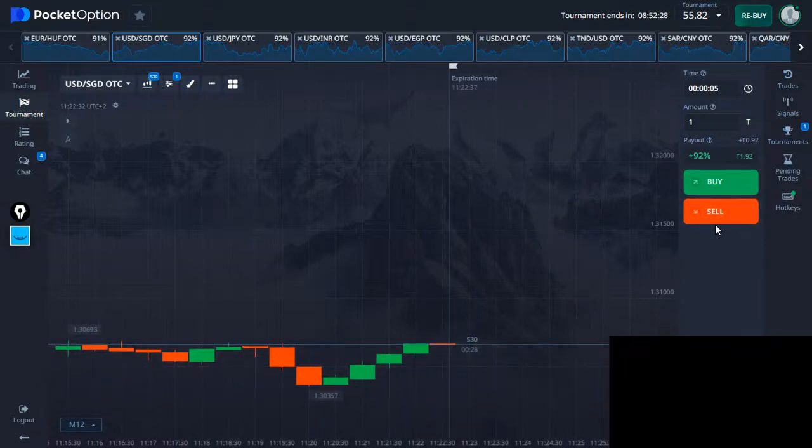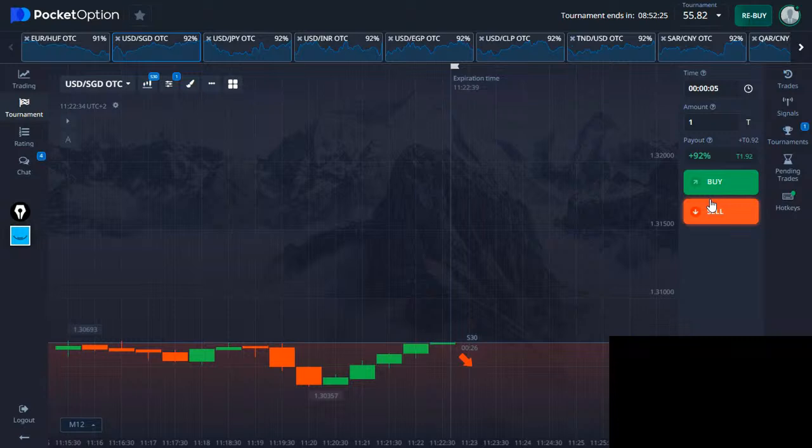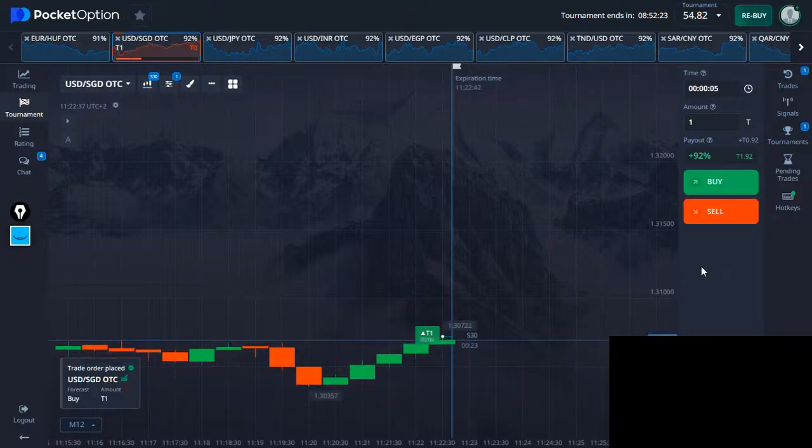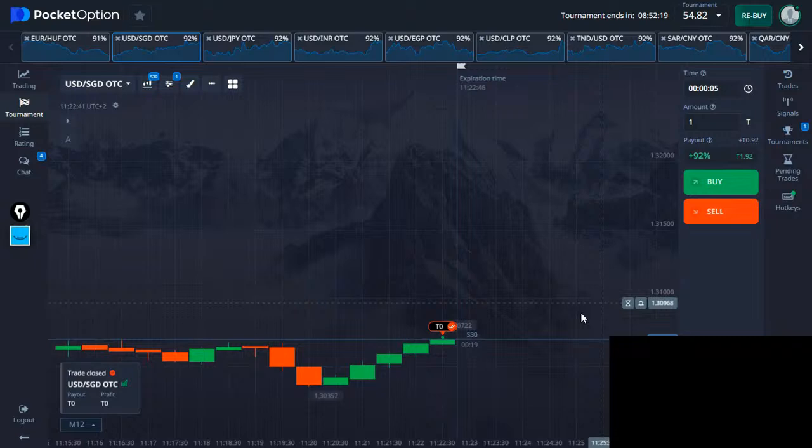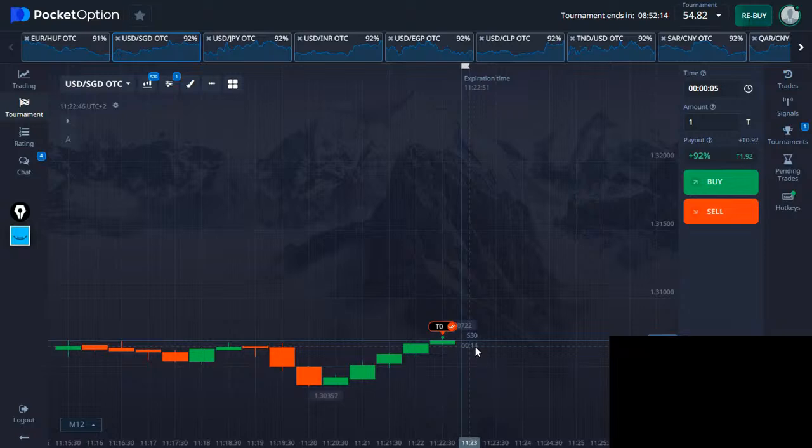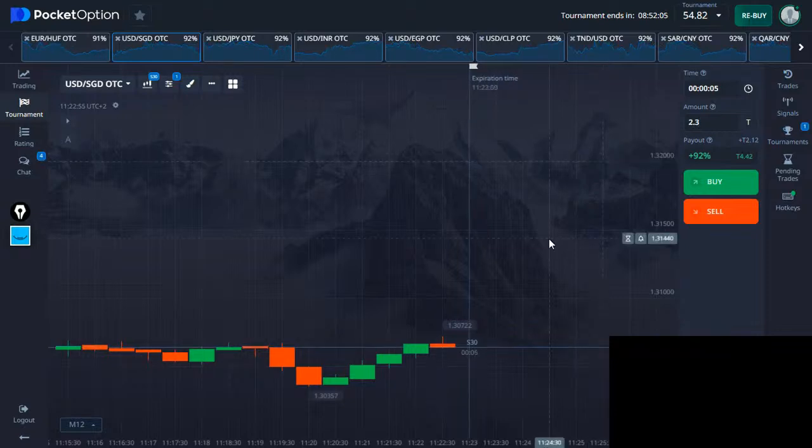Okay, we have red, green, green, we go for a buy. Okay, let me see if it's a 10-second trade. A 10-second trade would have been 50-50. It wasn't clear. So let's increase the trade amount to 2.3 and wait for the next bar.